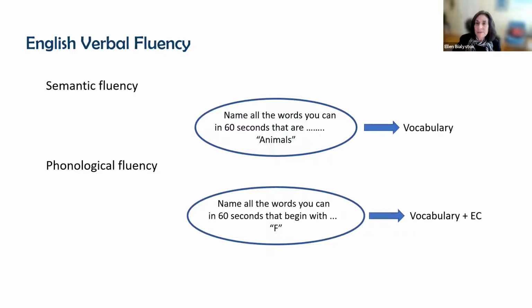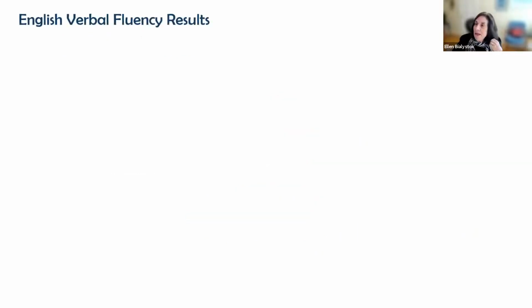How are they doing? I'm going to show you the results again, plotted as standard scores, standard deviations. So remember, monolinguals are in red and bilinguals are in blue. If the bar points up, they're doing better than the rest of the group. If the bar points down, they're doing worse than the rest of the group.